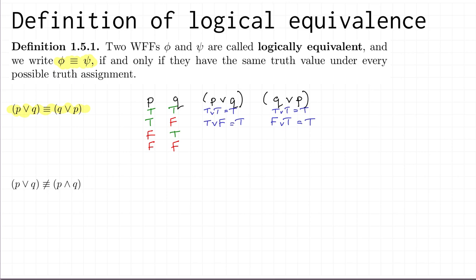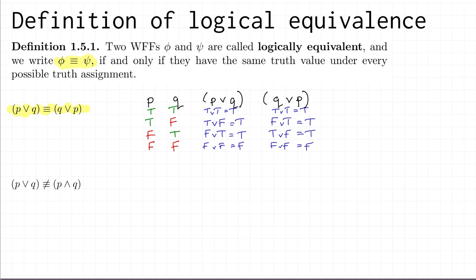Third line, I have P false and Q true, so here I've got false or true, which, looking at the truth table for or, is true, and here I'll get true or false, which is true. And finally, on the last line, I've got false or false both times, and that is false. So what you get from the truth table is the following.